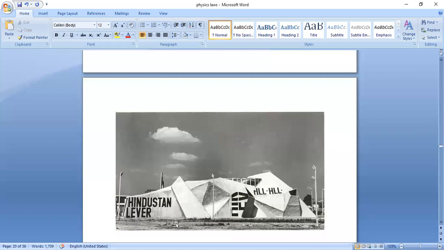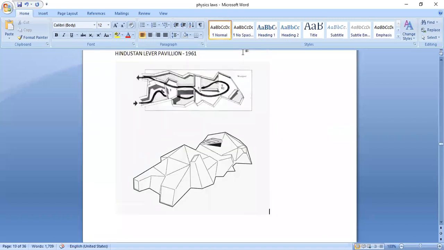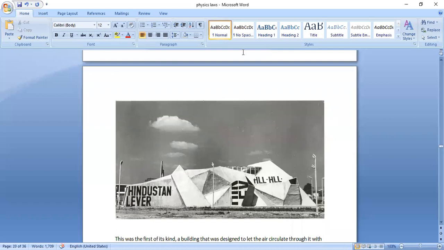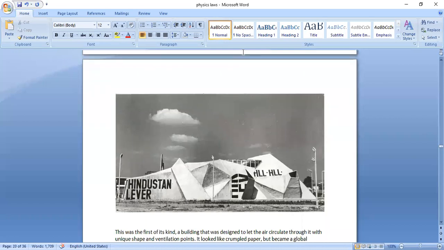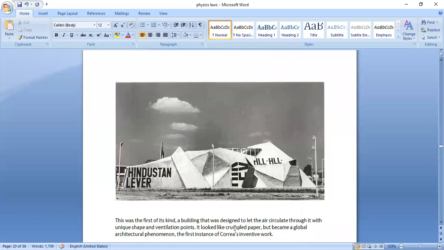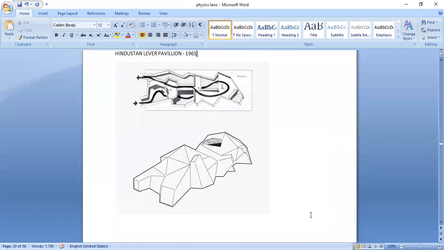This is the Hindustan Lever Pavilion at the entrance, designed for air circulation. This was the first of its kind, a building designed to let the air circulate through it with unique shape and ventilation points. At odd places there are ventilation points. From the outside, it looks as if it's a crumpled paper. This was an early design of Charles Correa, in 1961.